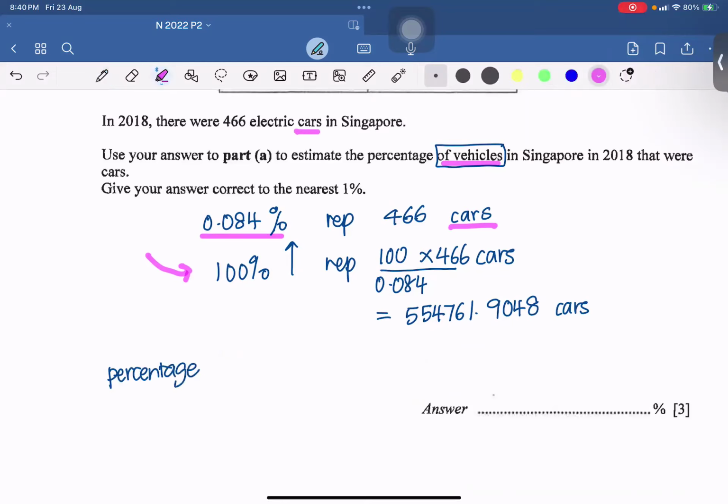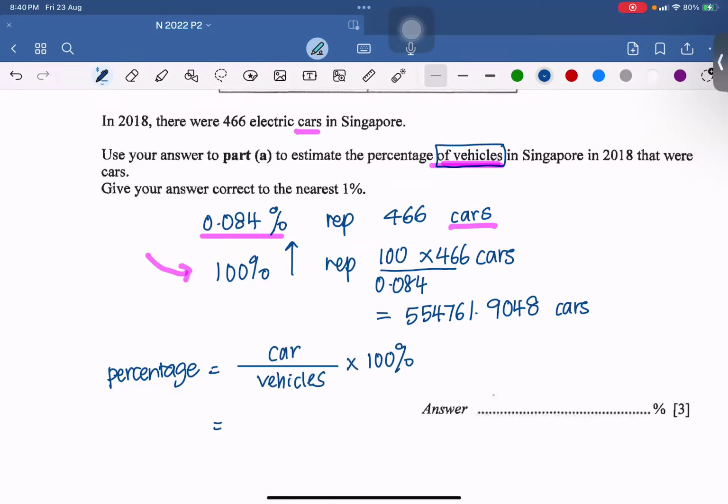Now they want to estimate percentage of what? Percentage of vehicles. When they say percentage of vehicles, it means I have to take the number of cars over the total number of vehicles times 100%. Let me just calculate my number again to make sure it's correct. Divide 0.084 times 466.